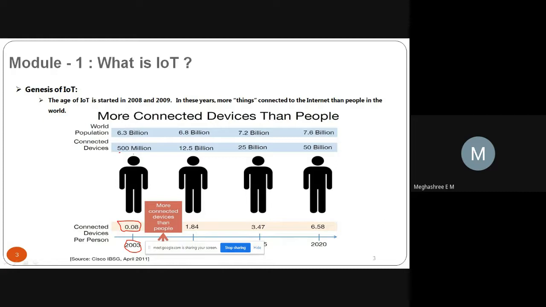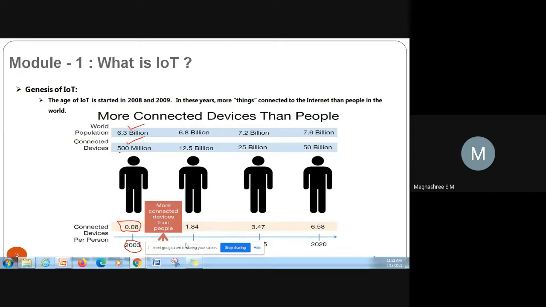The world population during that time was 6.3 billion, and the connected devices were 500 million.